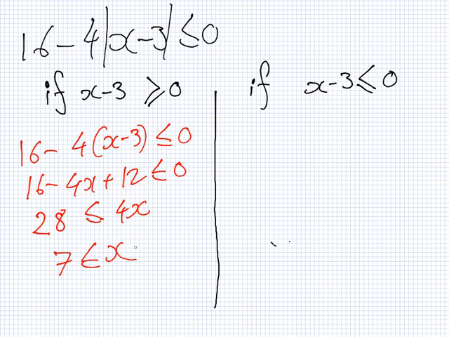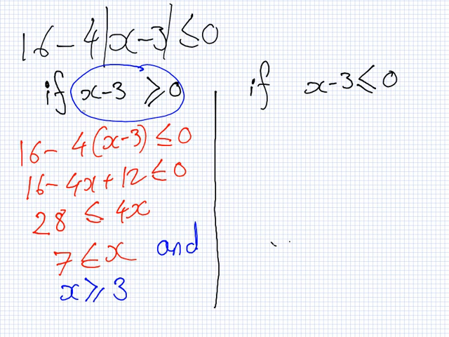Hey, that sounds familiar. But hang on, you must be very, very careful. Because for this question we said x minus 3 must be positive. So this answer is not finished. You must say and x must be bigger than 3.